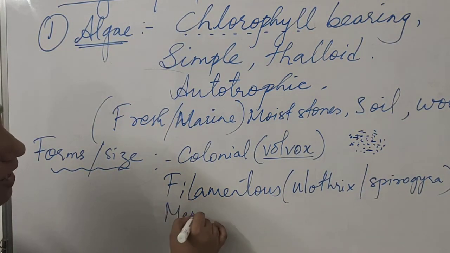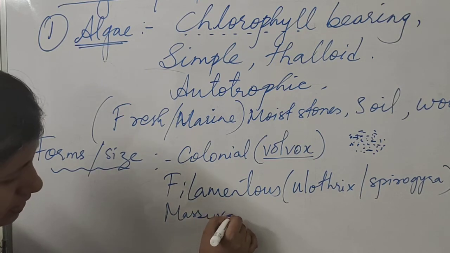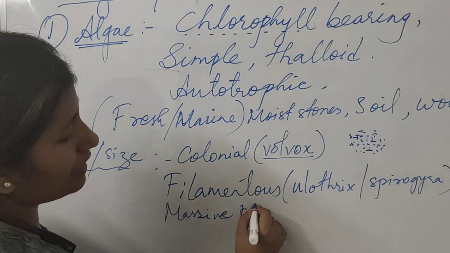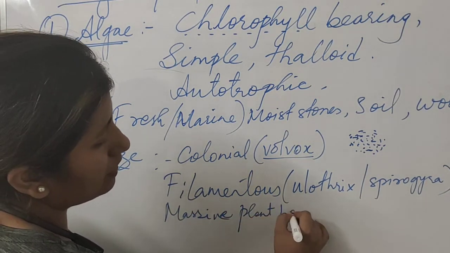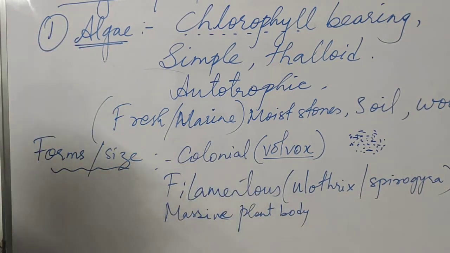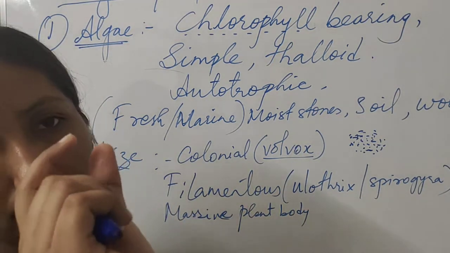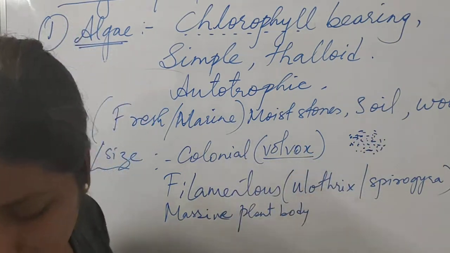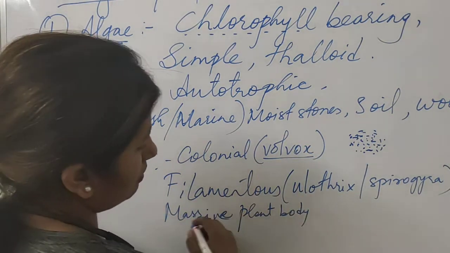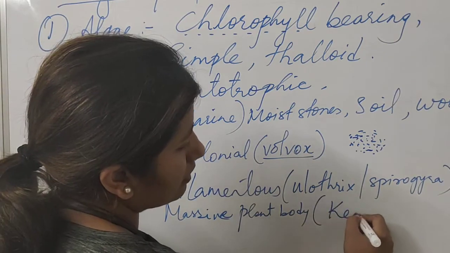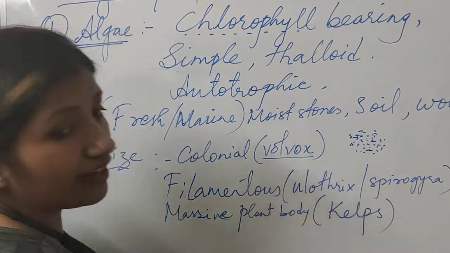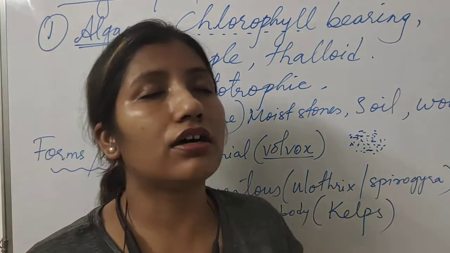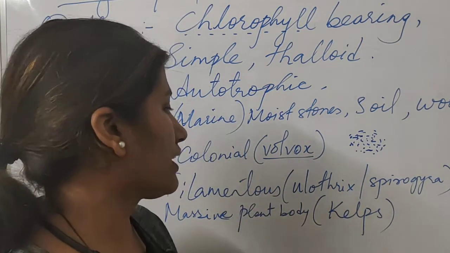And massive plant body. Algae can be very big in size also, like a plant body. Not like a tree, of course, but very large compared to the other algae. Some algae are very big, not like trees, but of course like shrubs. Kelps.